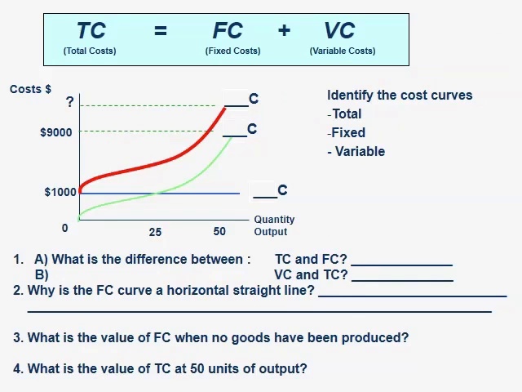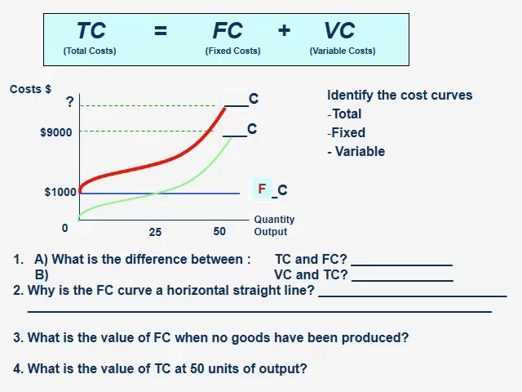Now this slide is simply to help reinforce the relationship between total, fixed and variable costs. Of course, the horizontal line is fixed cost because it doesn't matter whether you're at 0 output or 50 units of output, the firm still pays $1,000, hence the horizontal line.